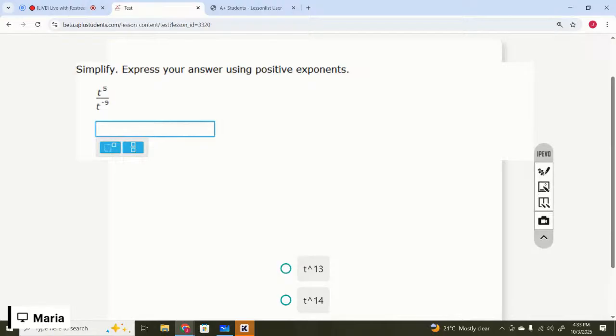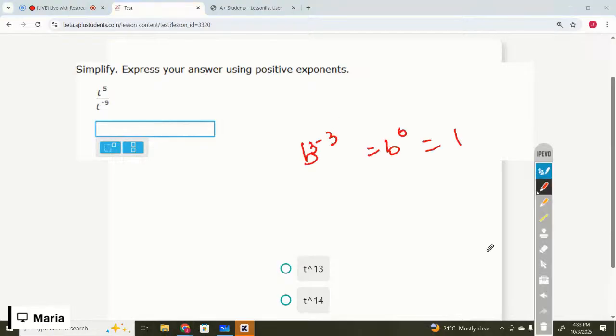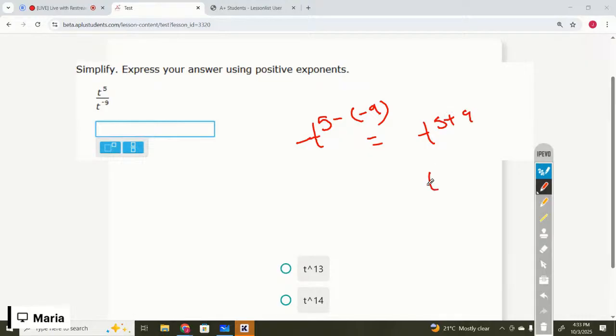T exponent 5 divided by T exponent negative 9, so you need to subtract the exponents, that is T5 minus negative 9. So that is T exponent 5 plus 9, that is T exponent 14.